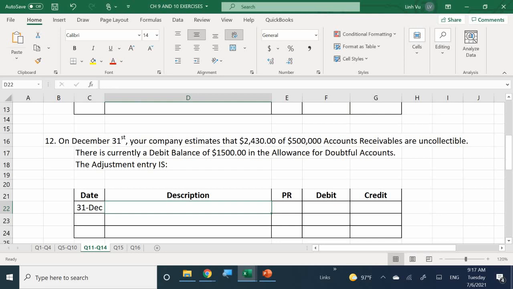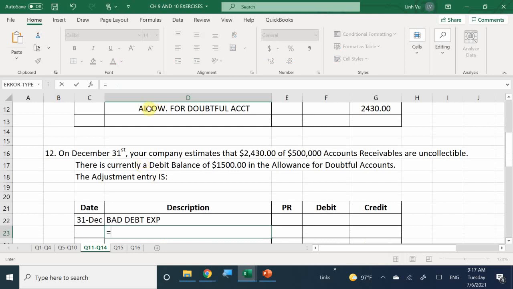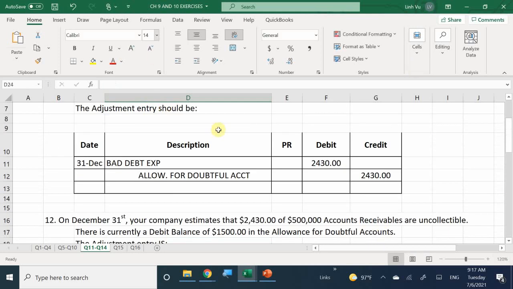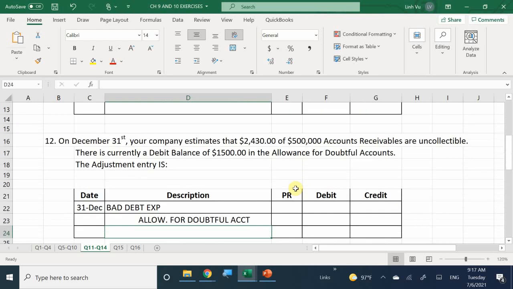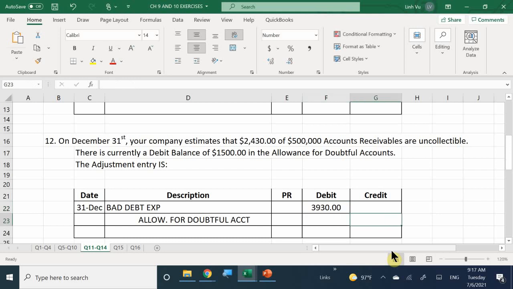You're going to use the balance sheet method, debiting bad debt expense and crediting allowance for doubtful accounts. And this time, how much is going to be my debit? Since there's a debit balance, you're going to add the estimate and the debit balance. Good. So it'll be 3,930. Excellent.